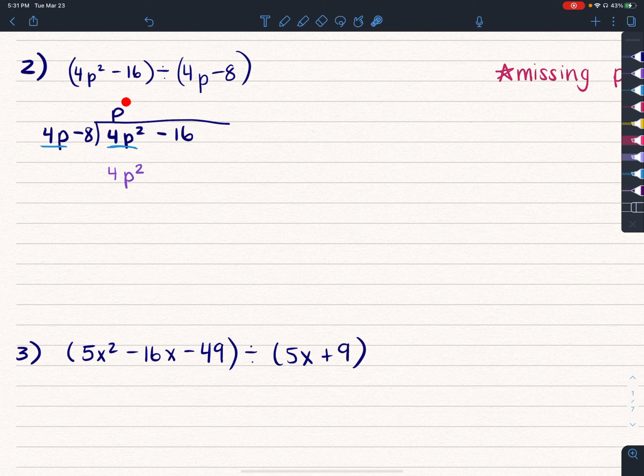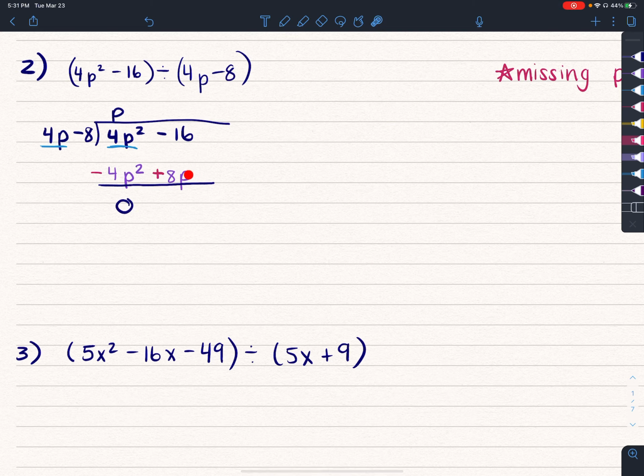And then we follow through in our multiplication. p times negative 8, we get negative 8p. And now when we do our subtraction, this would turn to subtract, this would turn to plus, and this is what we see happens. This is fine, it cancels out and we get 0.